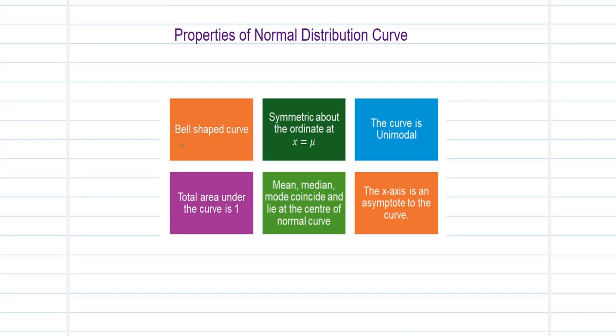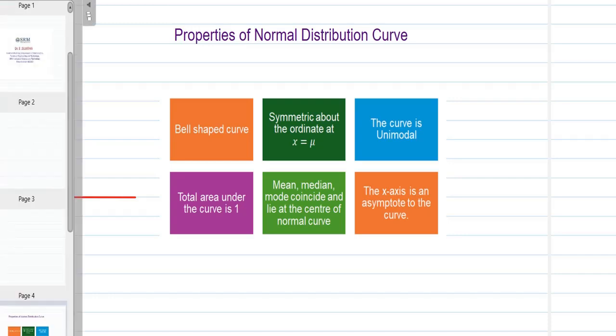So the first property says that the normal distribution curve is a bell-shaped curve. So what is going to be the shape of the curve? The shape of the curve is bell-shaped. I hope you would have seen a bell in a temple or in a church and so on. So how will it look like? It will look like just a flow curve.